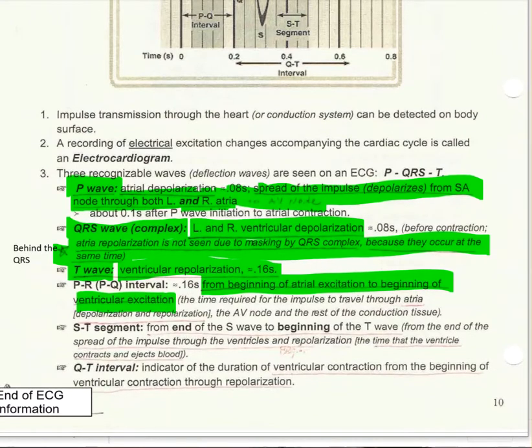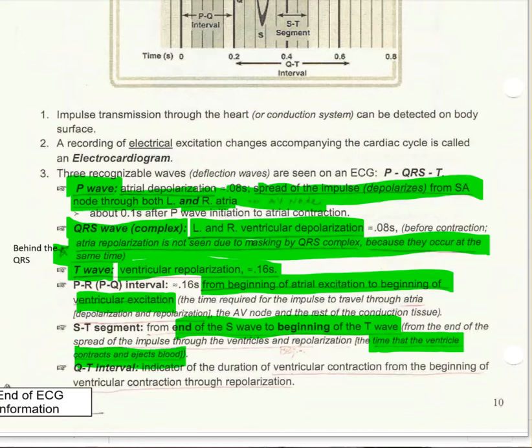The second one is the ST segment. This is from the end of the S wave to the beginning of the T wave. This is at the end of the spread of the impulse through the ventricles and the repolarization. This is the important part, because it's at the end of depolarization and the beginning of repolarization.